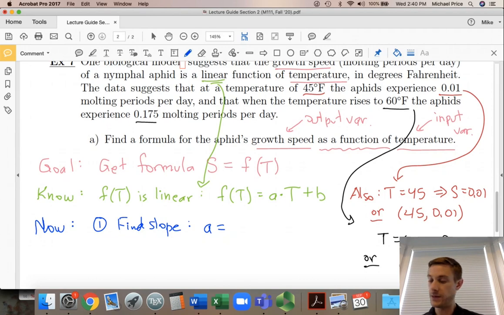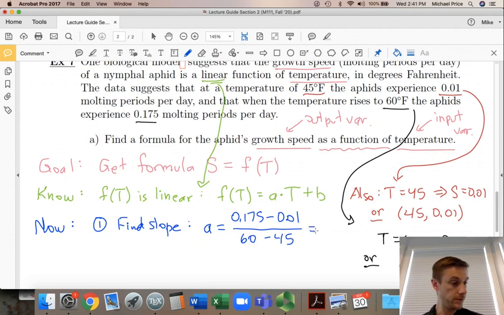If you think of this as the second data point, maybe we put that second, and then we're taking away 0.01. And then similar deal, as long as the pairing goes in the same order, you can start with whatever point you want. But since I started with 0.175, then the thing on the bottom that comes first has to be the input that went along with it. So 60 and 0.175 are paired together, 45 and 0.01 are paired together.